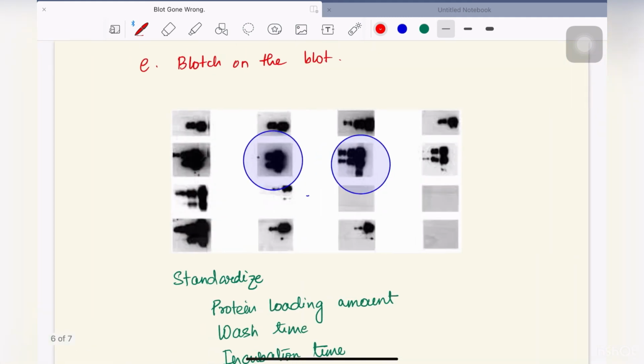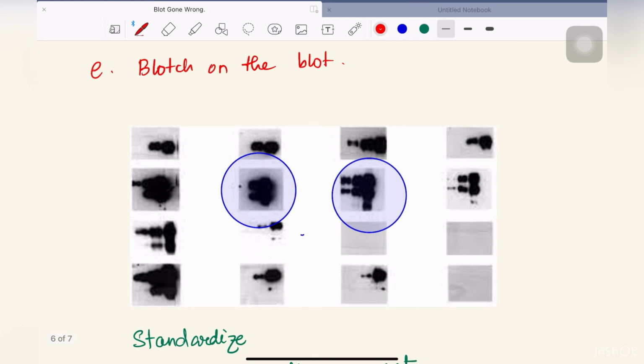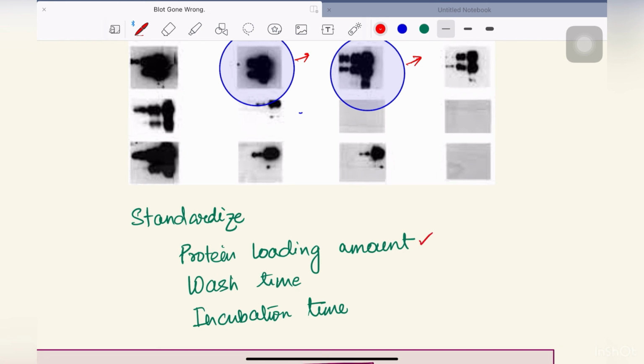One other problem which may arise is the blotch. You may observe a blot like this. And I know this is very disheartening, but you have to standardize a lot of things here. That is your protein loading amount, whether you're loading the right amount of protein or not.